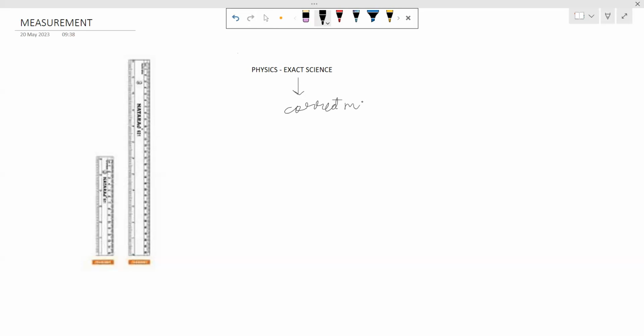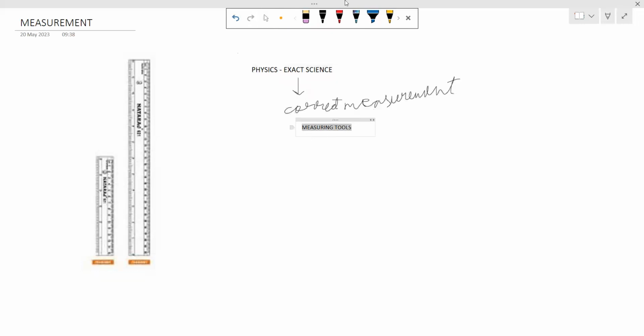Correct or accurate measurement. And for this correct measurement, what we need to have? We need to have measuring tools.